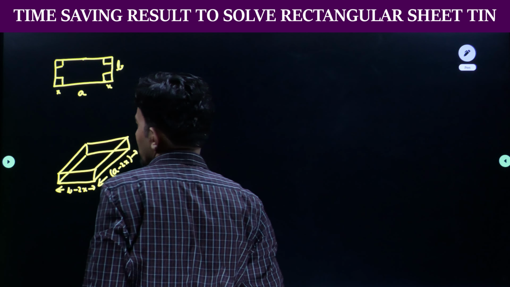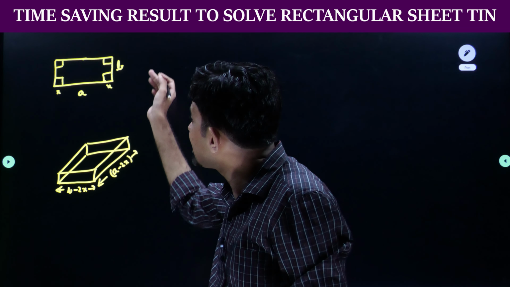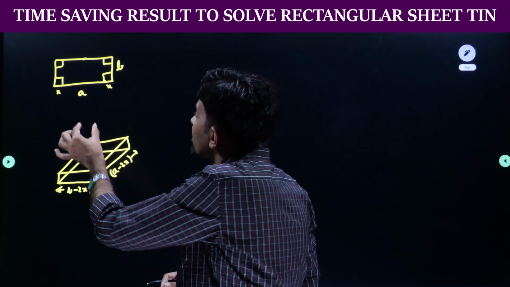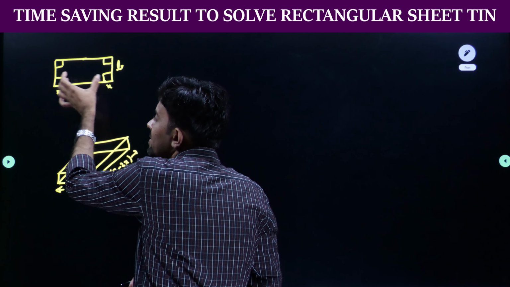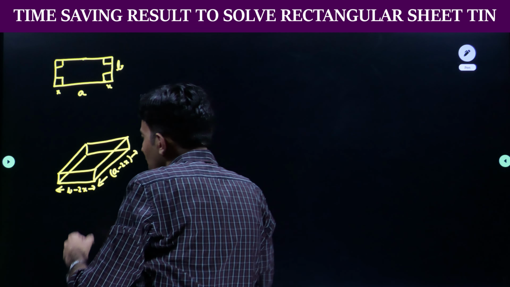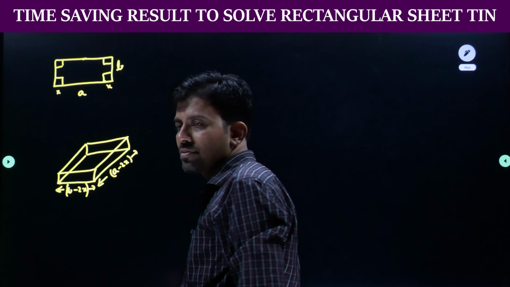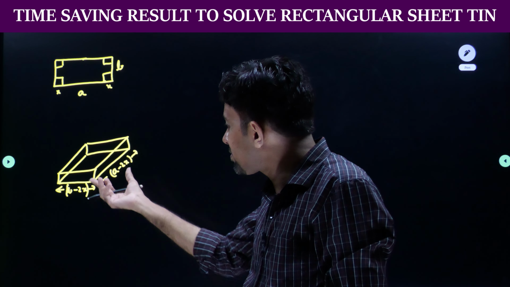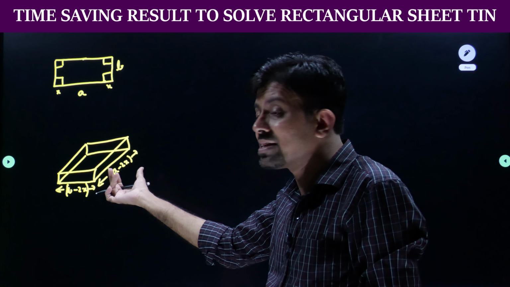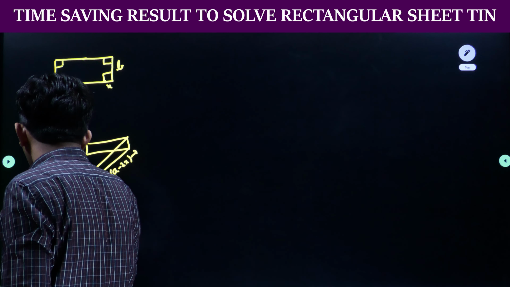Height is X. A is the length of the rectangle, B is the breadth, and X and X, 2x, is cut, so the length is A minus 2x, the breadth is B minus 2x for the resultant box, and X is the height of the box.